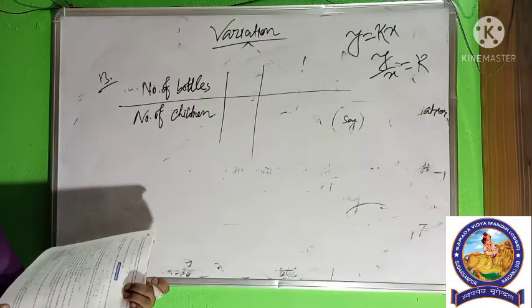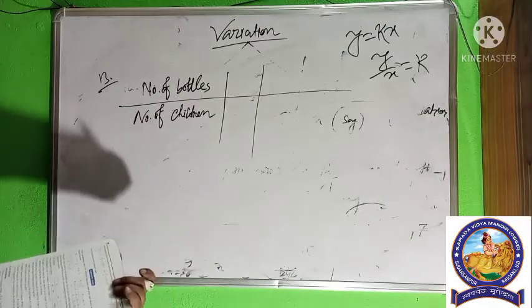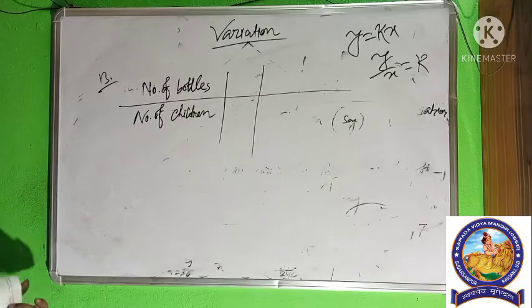Whether the number of bottles and number of children vary directly or indirectly is not given in the question.